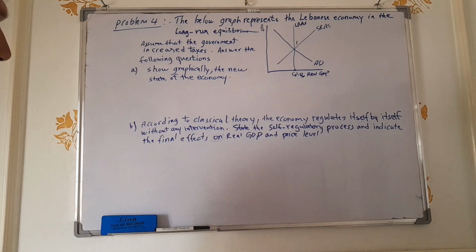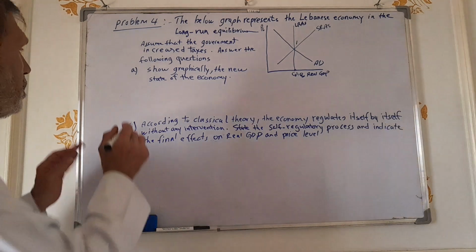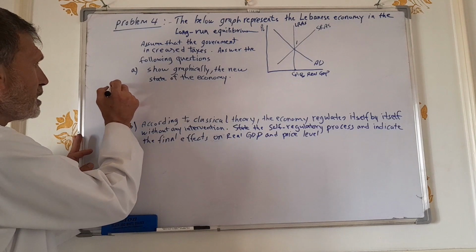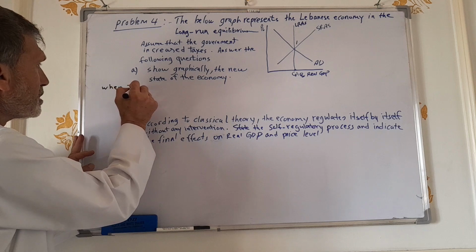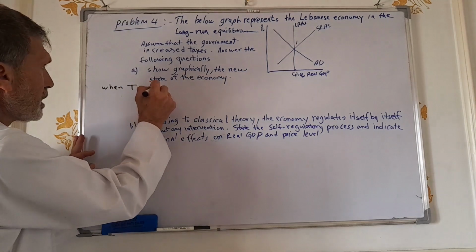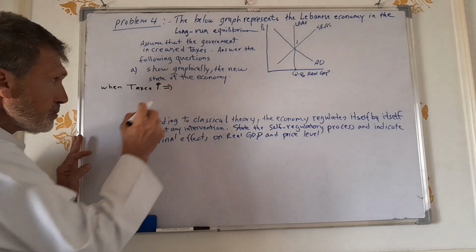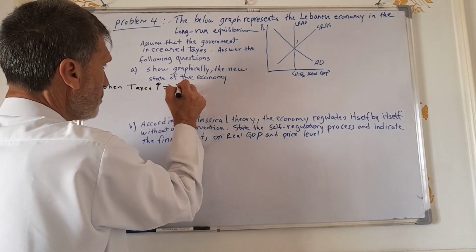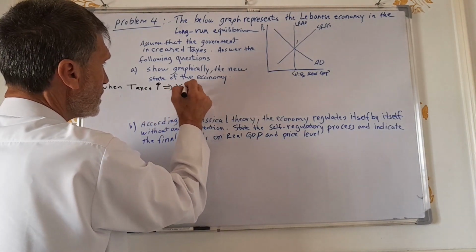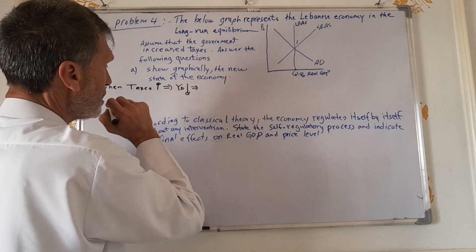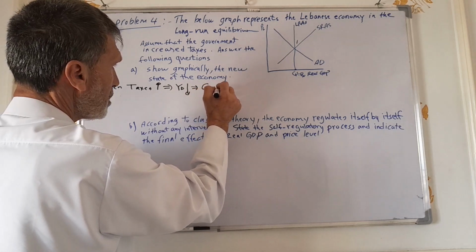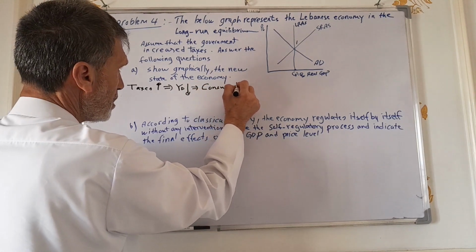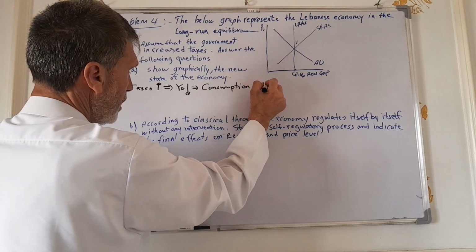Answer the following questions. Show graphically the new state of the economy. Now, as you know, when taxes increase, that implies, of course, disposable income decreases, which implies that consumption will decrease.